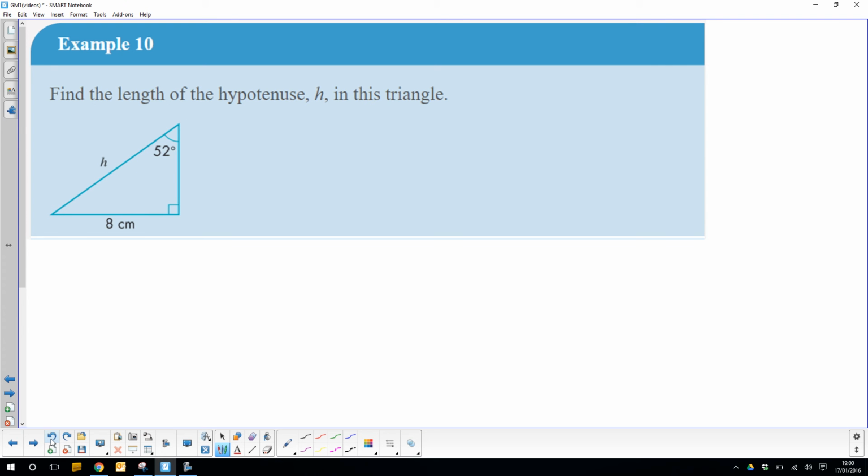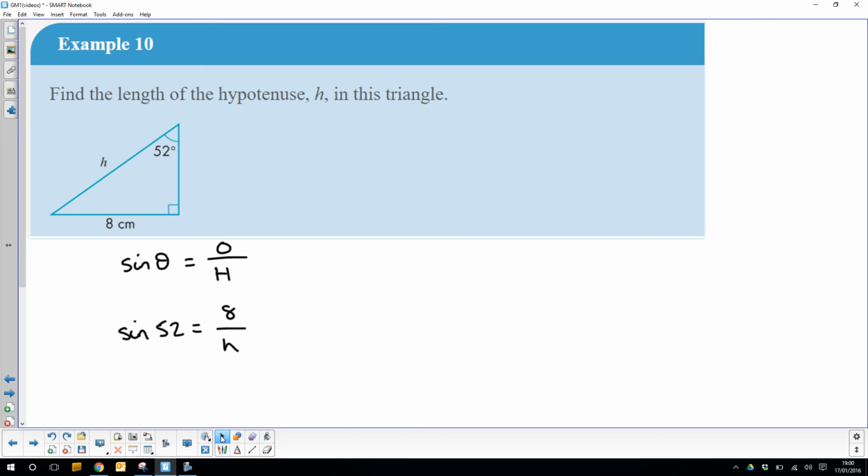So opposite and hypotenuse means I'm still using sine. Again, sine of theta equals opposite divided by hypotenuse. That's the first thing I'll write down. Next, I'm going to write in the information that I've got. So we've got sine 52 equals the opposite, which is 8, divided by the hypotenuse, which they've cleverly called h.